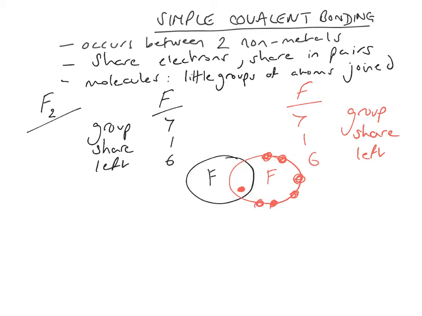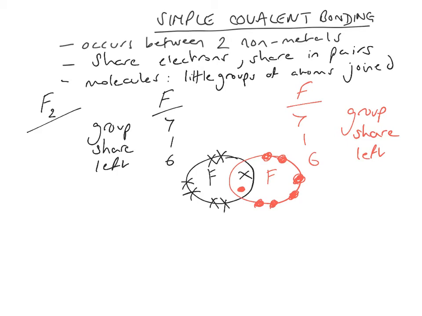What you have to remember is this is only the outer shell of electrons. So there are more electrons in fluorine. They're sitting in the inner shell. You might want to work out how many more electrons there are in fluorine. But only the 7 in the outer shell are we showing here. Now let's look at the other fluorine atom. It also puts one of its electrons into the shared area, and therefore it's got 6 of the others left.